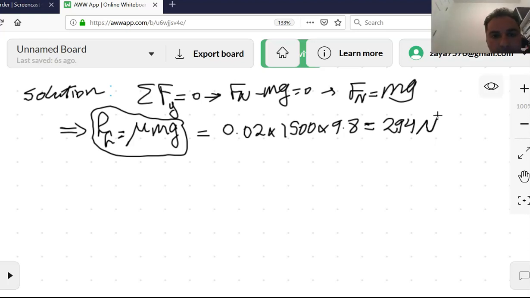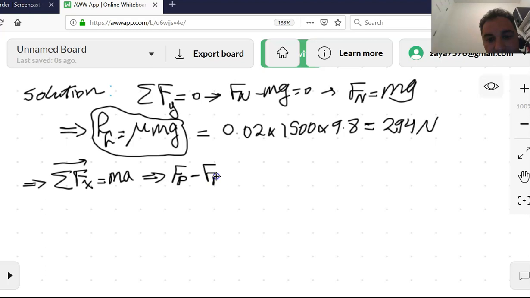Okay, now remember what we have on the x-axis. On the x-axis, because we of course have acceleration, we are going to have propulsion force minus Fd and minus Ff equals ma. Correct?